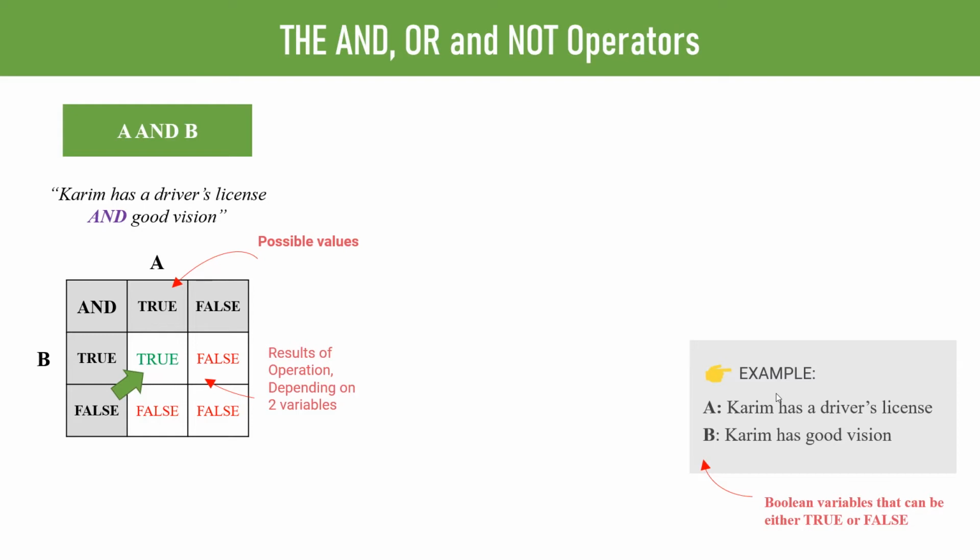And we can also generalize this to more operands. So, to more than just two values, we could do A and B and C, and the result will be true only if all of them are true. Okay? And if one of them is false, then the result is immediately false as well.